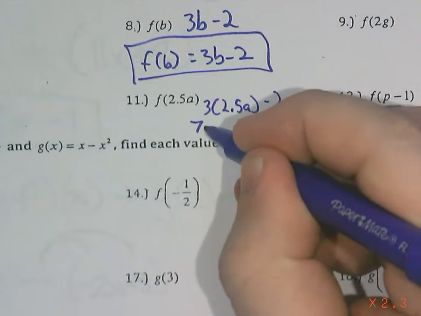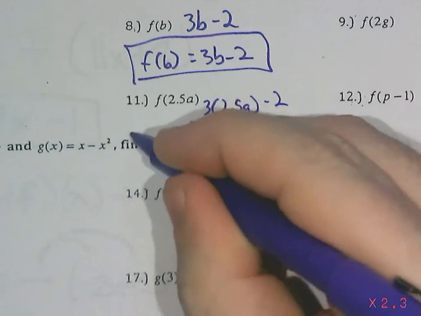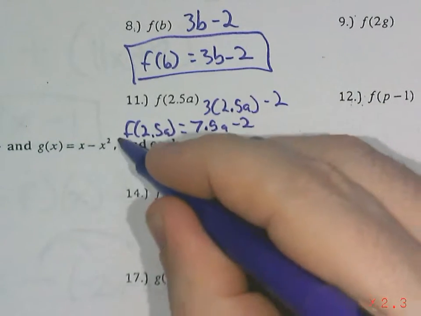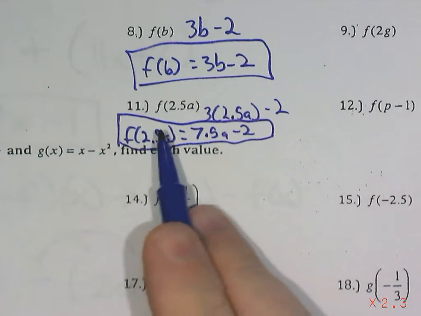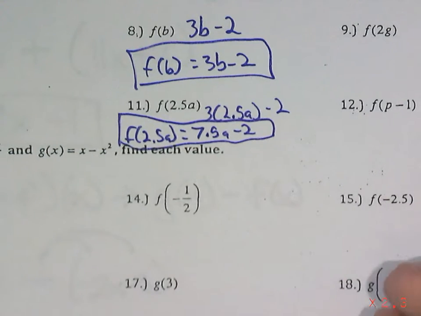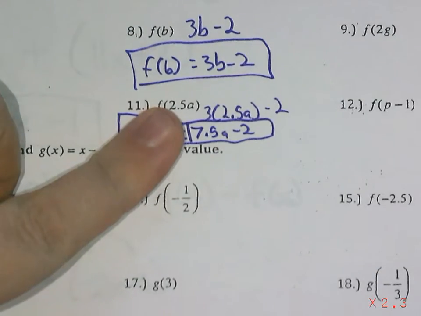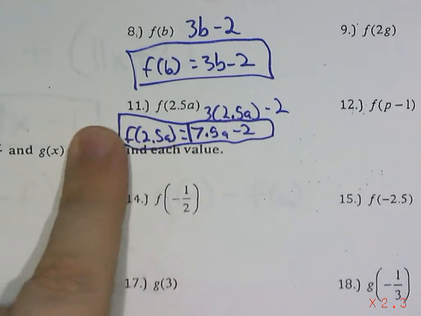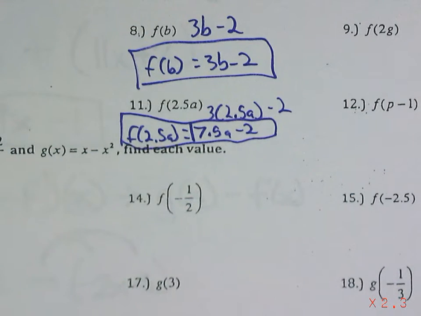So I'd have 7.5a minus 2, and that's what f of 2.5a equals. So that's my answer. You'll notice I'm writing out what this is equal to. I don't necessarily expect you to do that. You can just do this, and that's fine. I would accept it. But this is the more proper way of writing out your answers, though I'm not going to ding you if you write it out a different way.